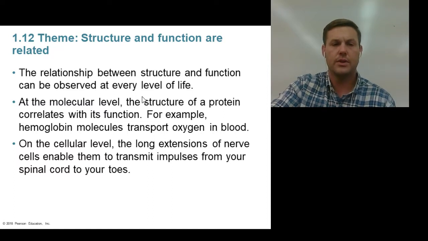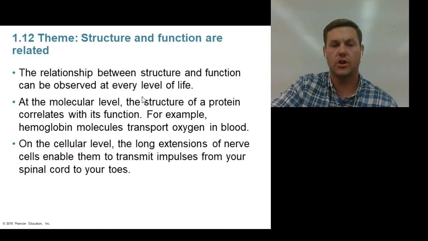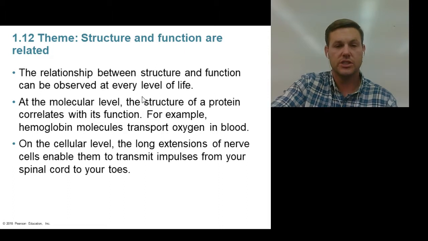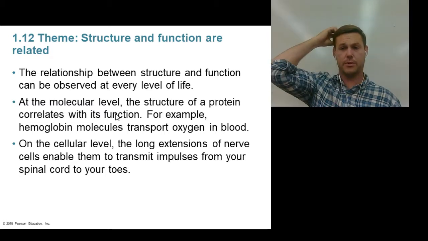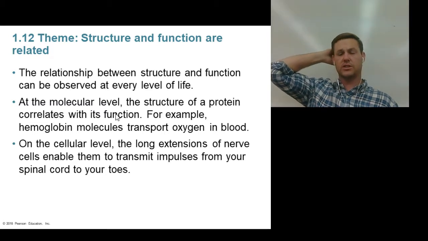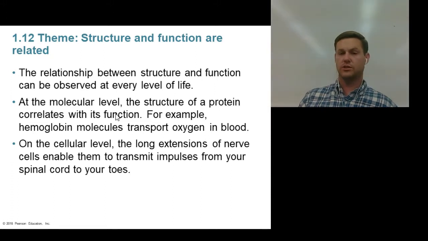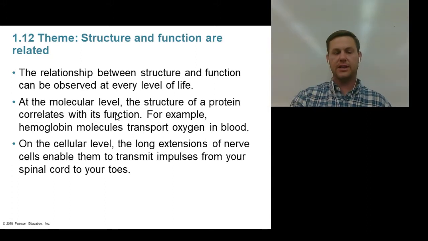Core theme number 3, structure and function are related. There's this relationship between structure and function that can be observed at every level of life. So all of those levels of life that we talked about having emergent properties, you can see the relationship of structure and function. At the molecular level, the structure of a protein correlates with its function.